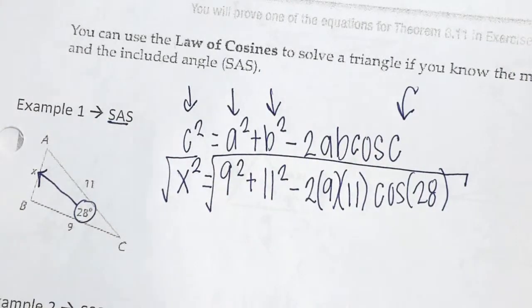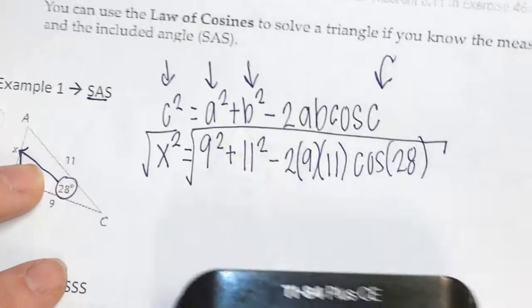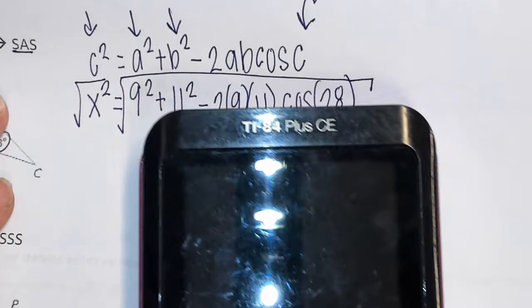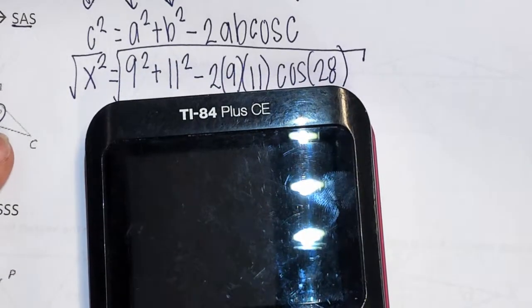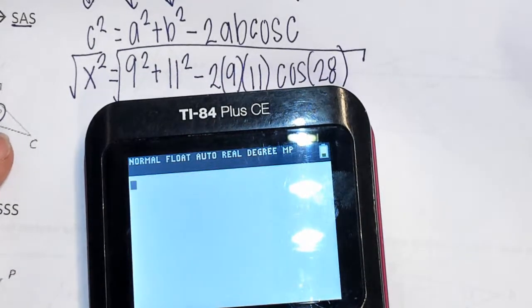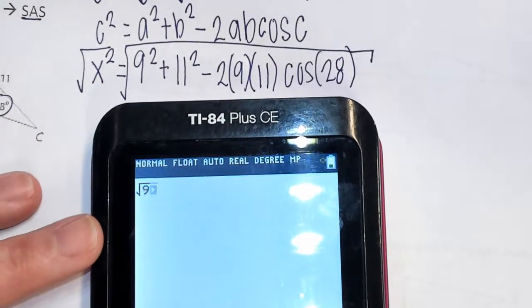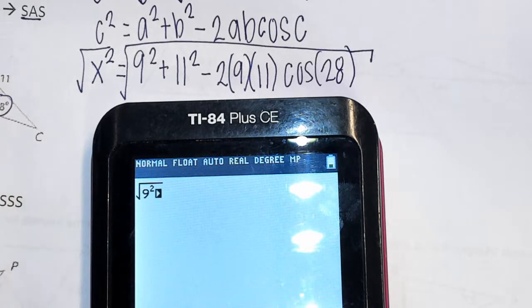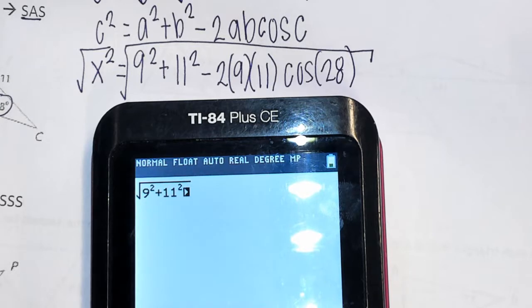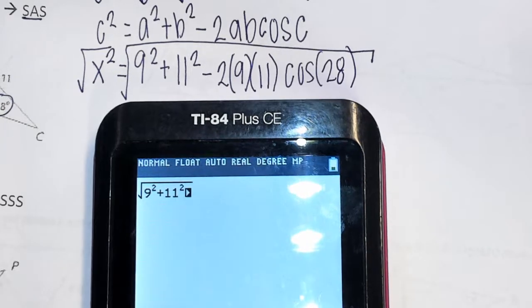If you are super careful, you can plug all of this into your calculator at one time. Watch. Square root. You have to be super careful. Square root. 9 squared plus 11 squared. Gotta be careful.